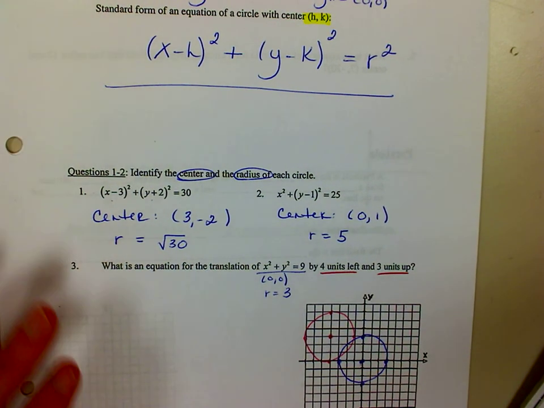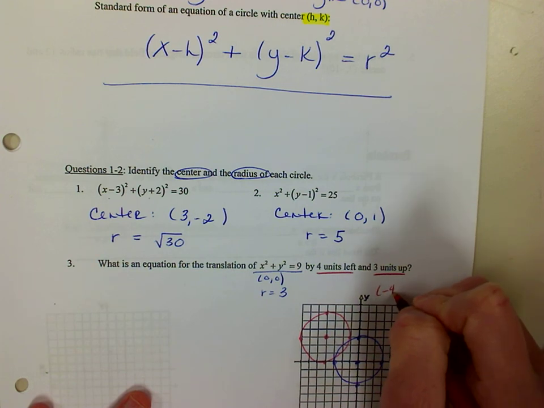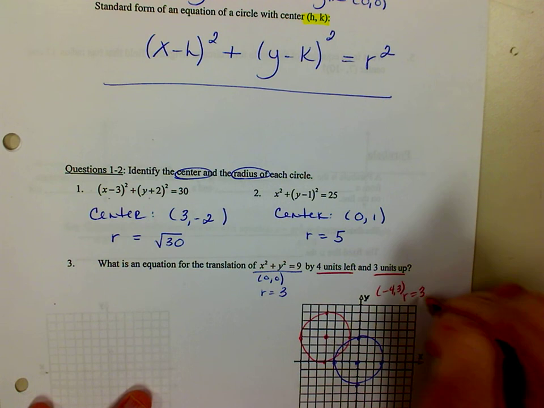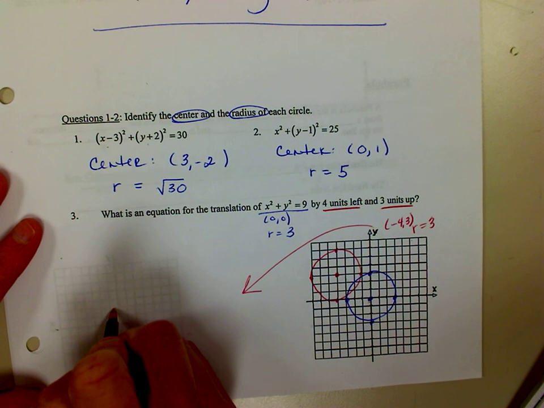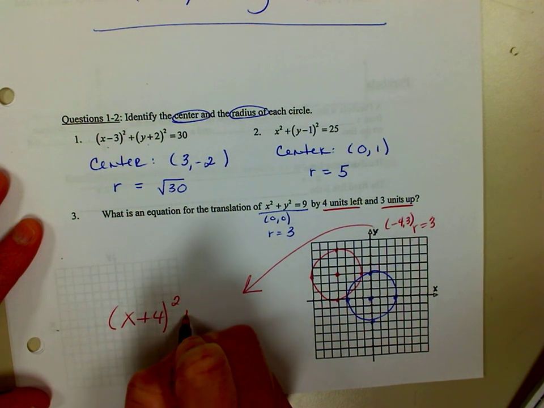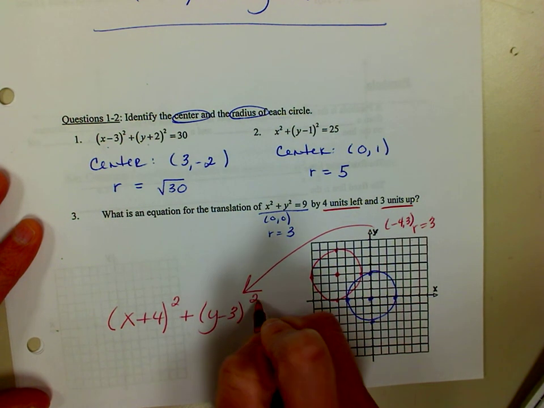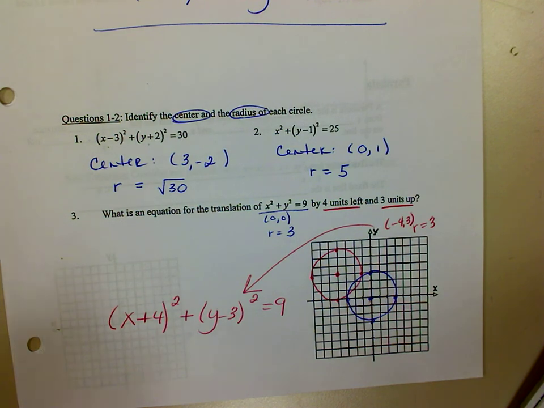Okay, so that means the new center is negative 4, 3. The radius is still 3. So the equation is x plus 4 squared plus y minus 3 squared equals the radius squared, which is 9. So that is the equation for the new circle.